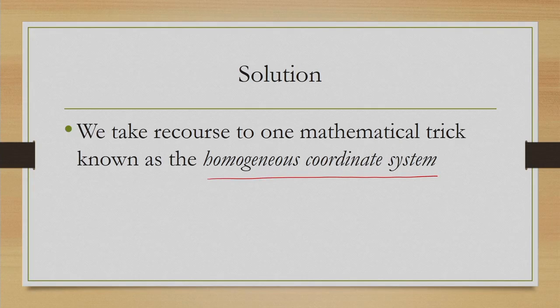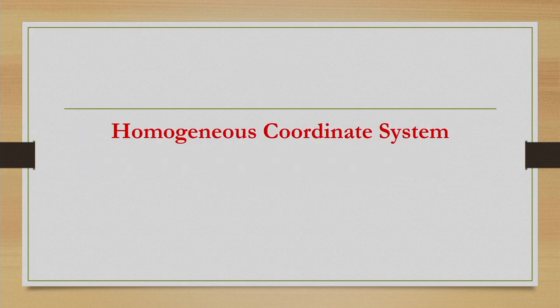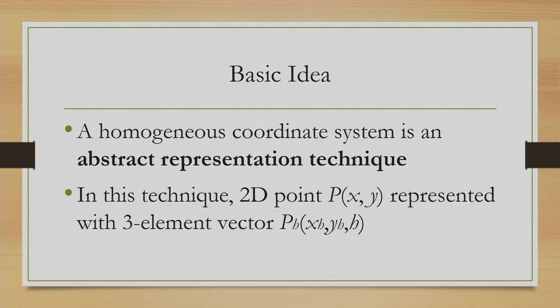Now, what does this homogeneous coordinate system based matrix representation refer to? Essentially, it is an abstract representation technique. That means this coordinate system does not exist in the physical sense, it is purely mathematical, purely abstract.